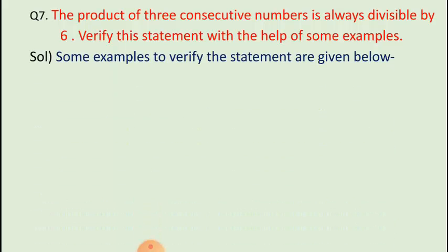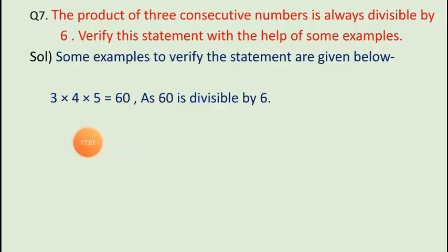So children, here comes the example to state the things in the form of an example and to verify our statement. So here let us take three consecutive numbers. Consecutive numbers, just now I said, we will take such numbers which come one after another. So three consecutive numbers we want.